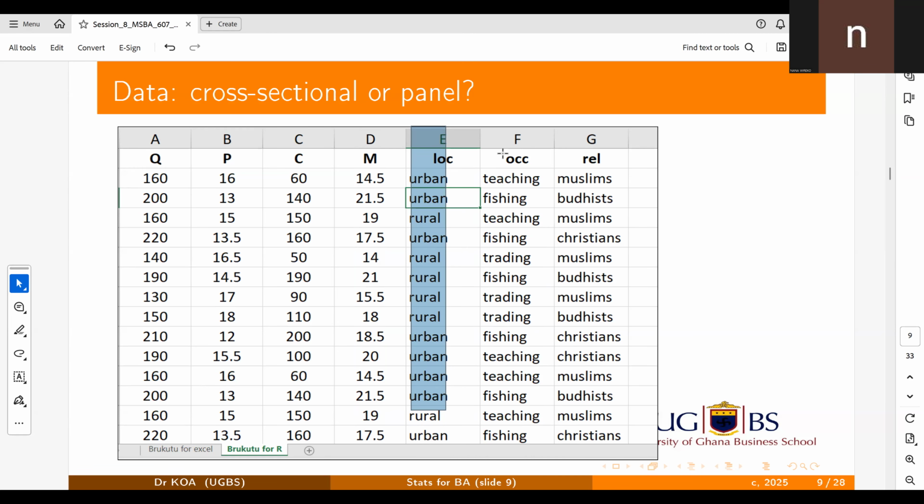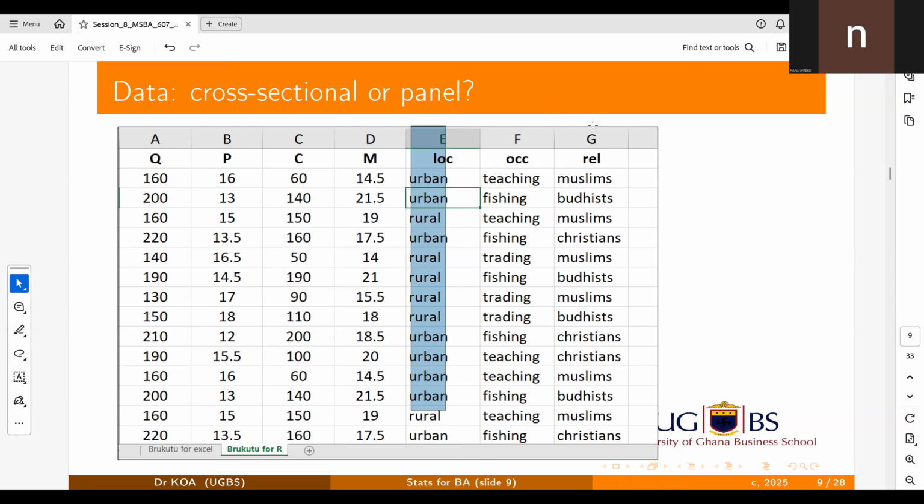Teaching, fishing, trading. Nana? Fishing. Religion: Muslim, Buddhist, and Christians. Nana? Muslim. It is Christians. Christians consume more alcohol than the other religions that are there.